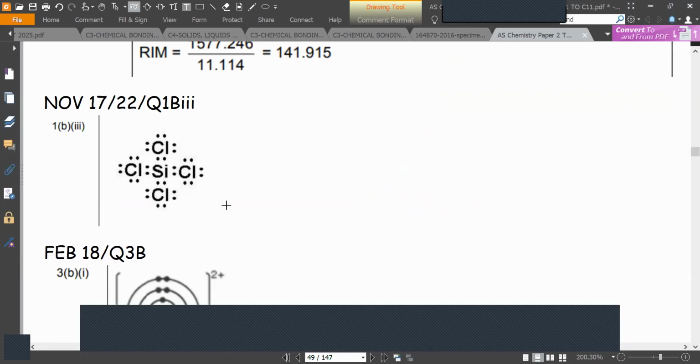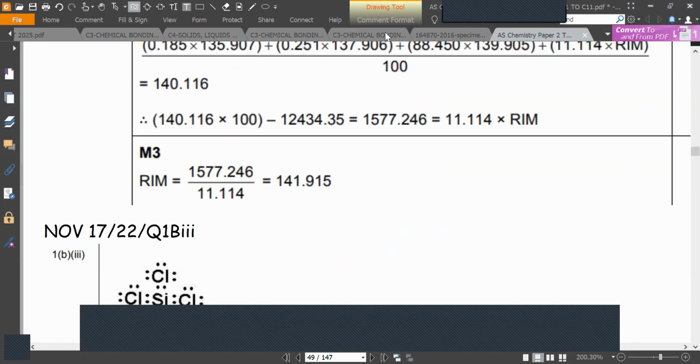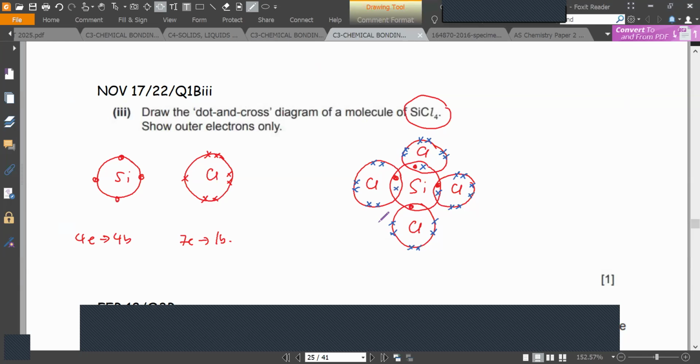I think it's almost 6 o'clock, so we can stop here. We've done until page 25, which means we have done around 15 pages.